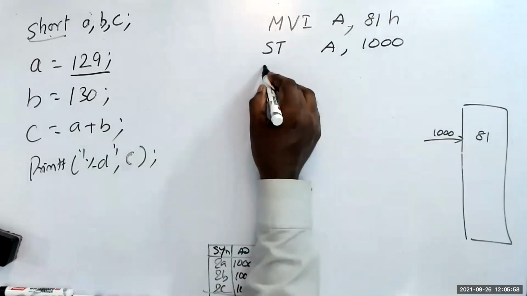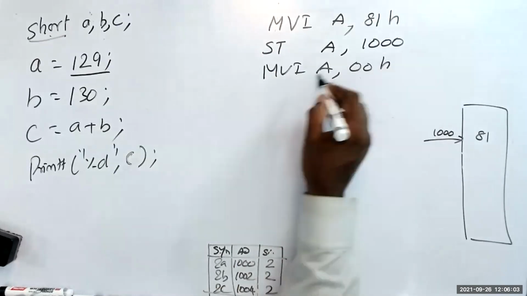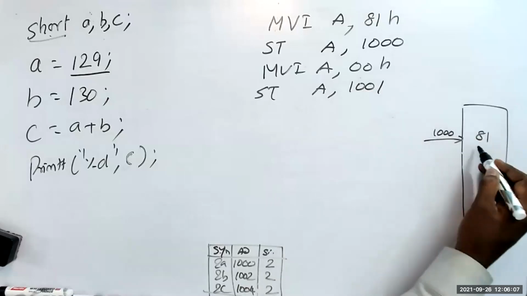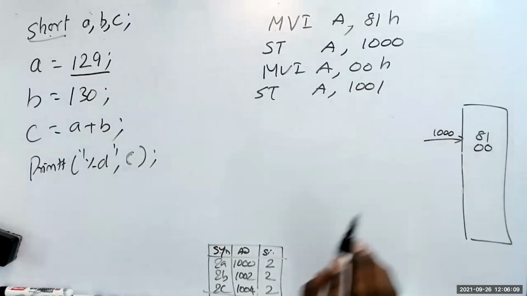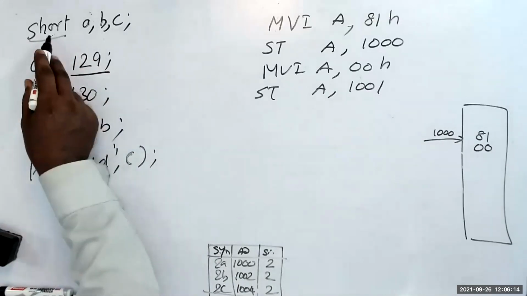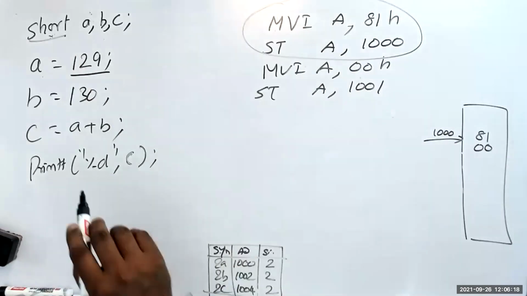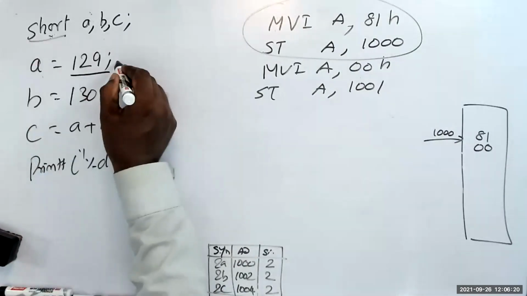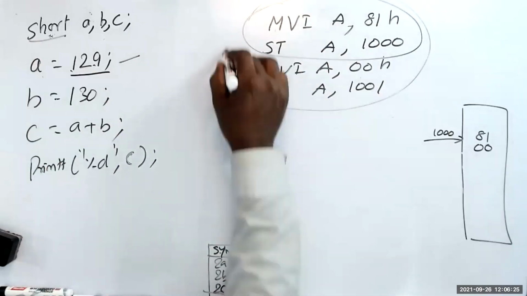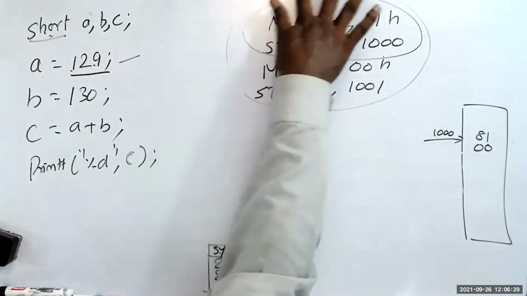Then I say move immediate A, 00H. Store accumulator, 1001. See that I put 00. Now you understand? By declaring char, I use only 2 instructions. When I use the same 129 and you put short, you make 4 instructions. So the microprocessor has to read all the 4 instructions and execute all the 4 instructions.